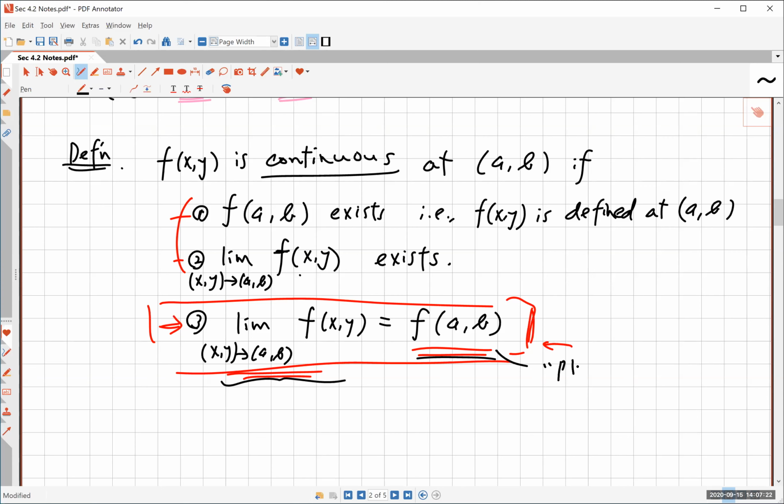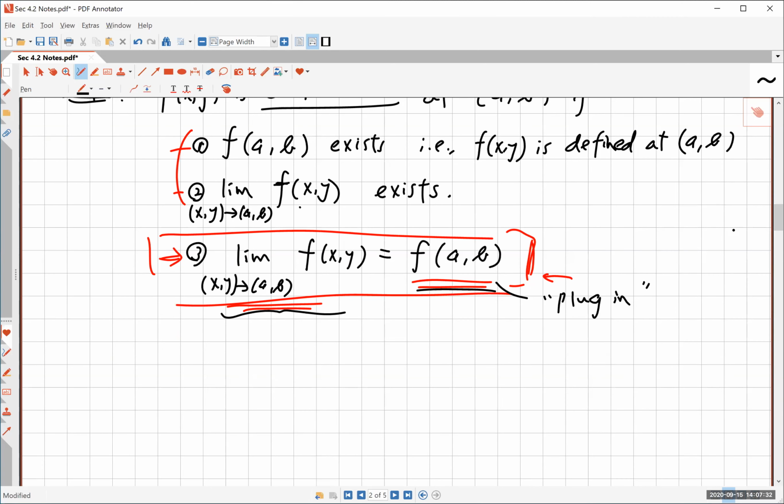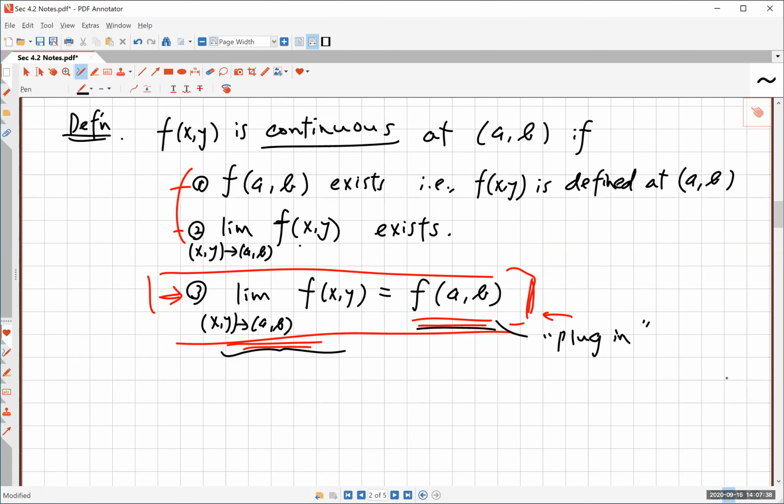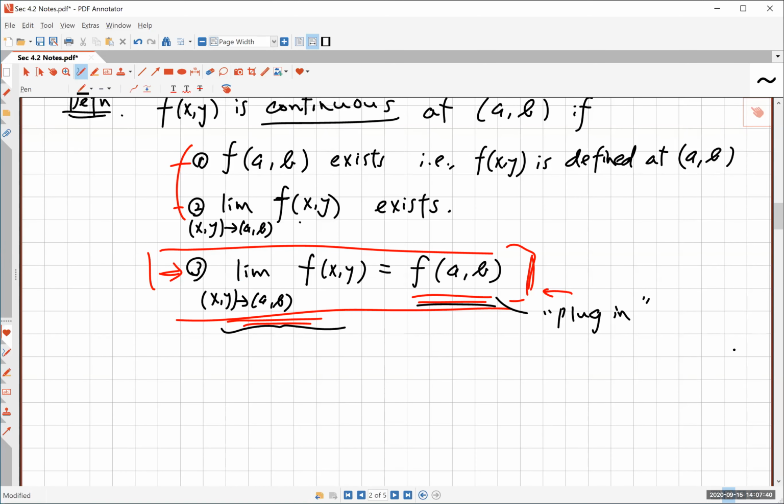So plug in whenever it's possible. It's only when you cannot plug in because something happens, like an undefined term appears, that you have to be clever to figure out what the limit is. And the rest of this lecture will probably be involving that question I just mentioned.